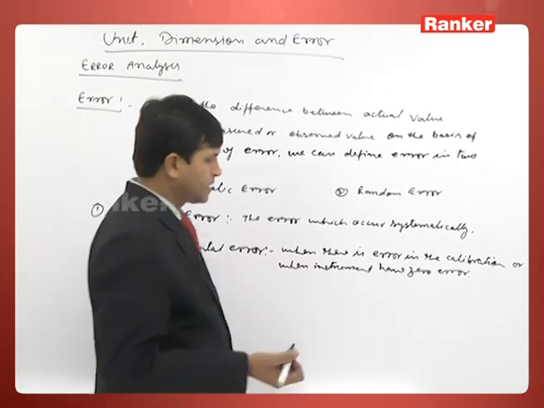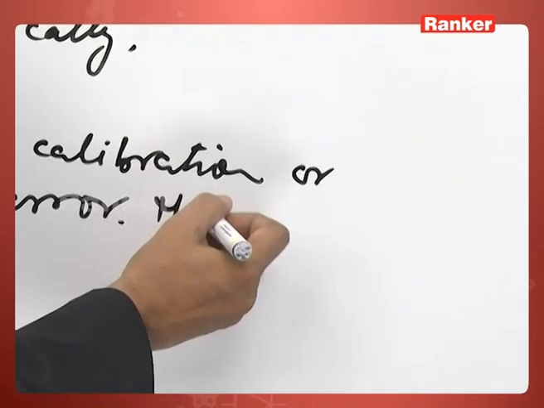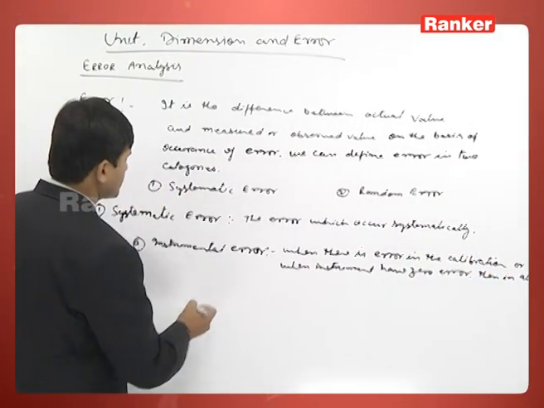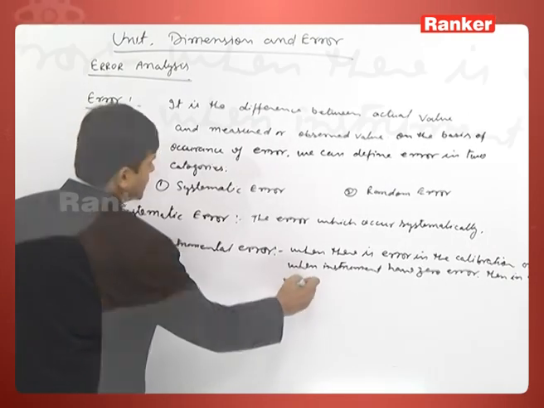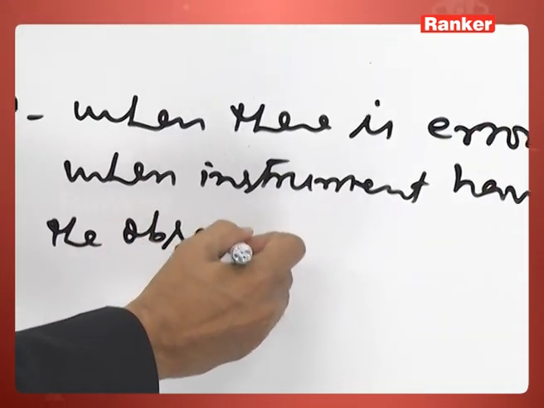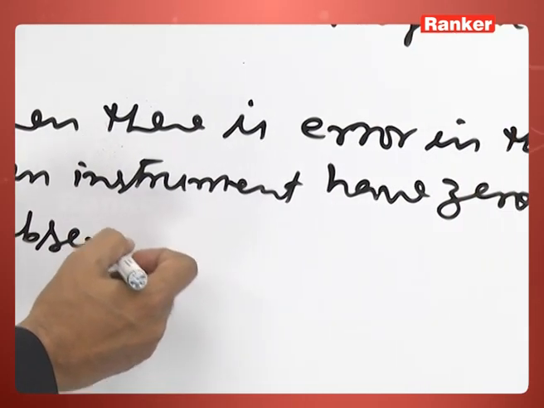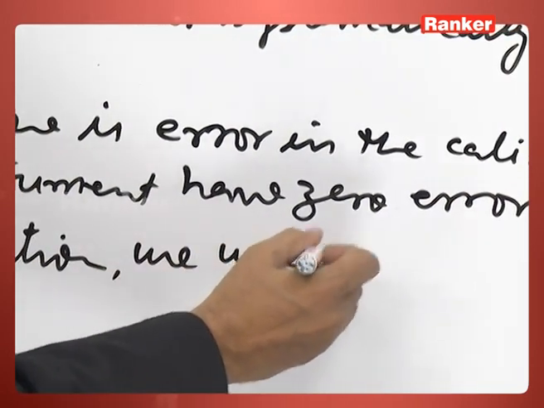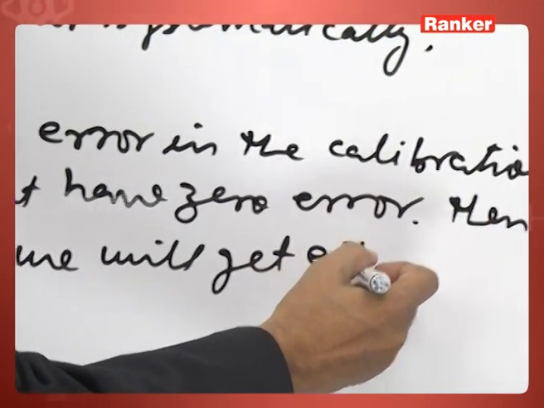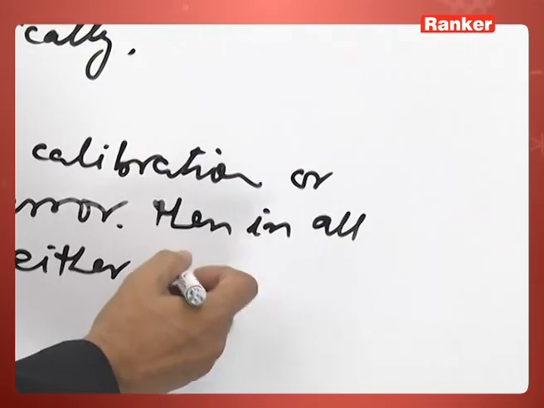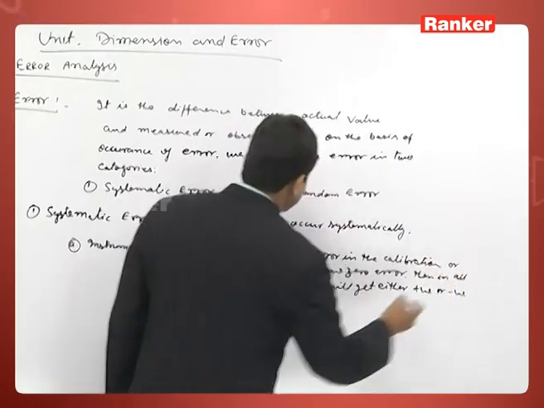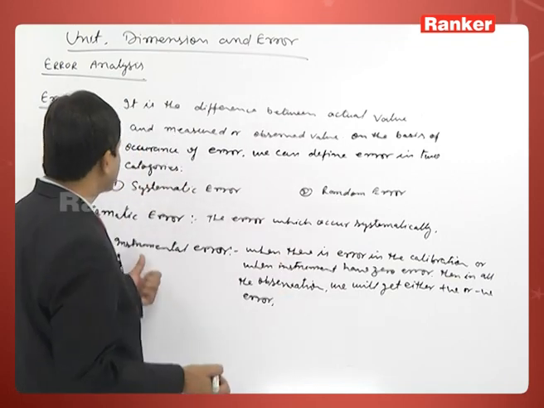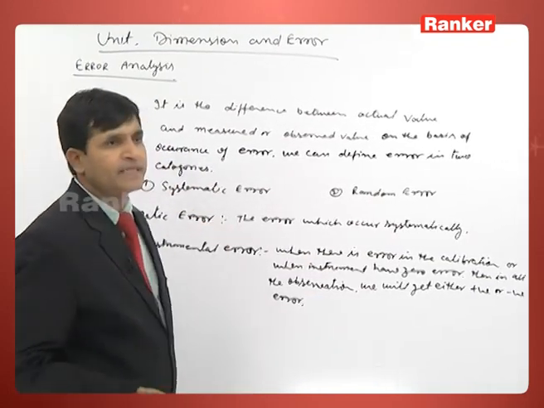Then in all the observations we will get either a positive or negative error. Such type of error is called instrumental error, and this is part of systematic error.